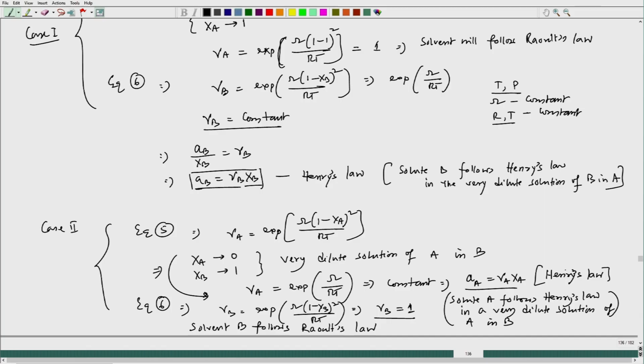So, we can understand two things: when you consider a solution of A and B, and take a very dilute solution, the solvent would follow Raoult's law or ideality, whereas the solute would follow Henry's law or the non-ideality.